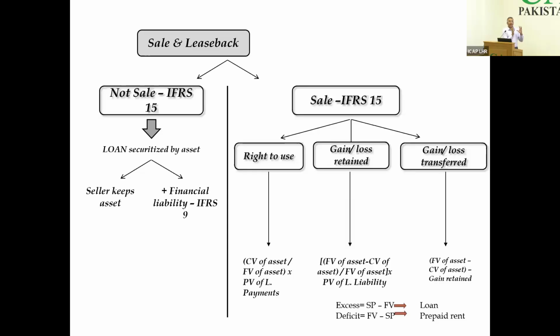This will be the gain retained. Then you will calculate the gain forfeited, that is, how much is forfeited, and that gain or loss forfeited will be your income. So total gain is fair value less carrying value, minus the value calculated under this formula. That will be the gain or loss you are going to recognize in your books of accounts.